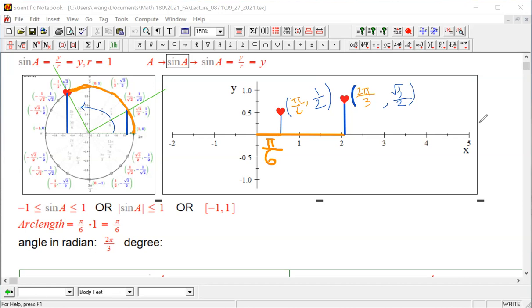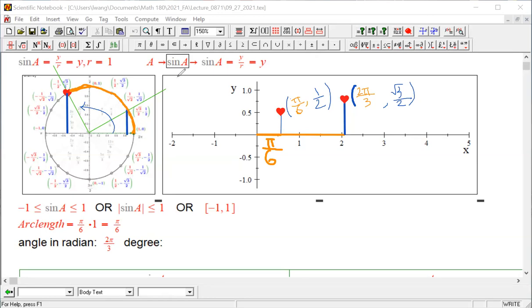Then you say, how about an angle measured clockwise? Sure, we can do an angle measured clockwise. So let's do it. I'm going to measure an angle clockwise, still from the same place.